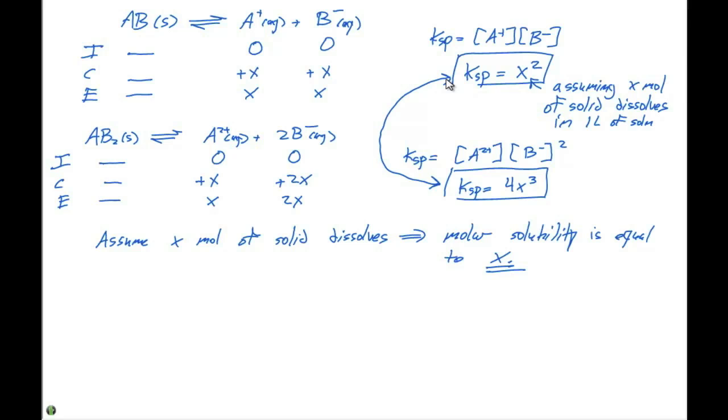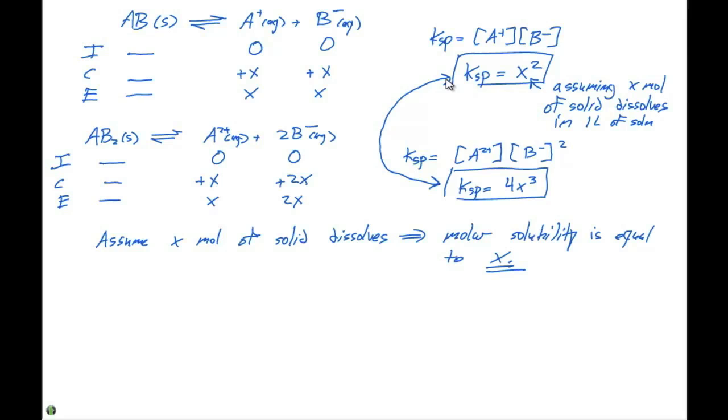When we're solving for X and we're looking at our KSP expressions, we're going to get a different value of X if we use X squared versus 4x to the third. So what we need to do is look at our two groups, and we can rank them in solubility right away for group number 1 and group number 2.